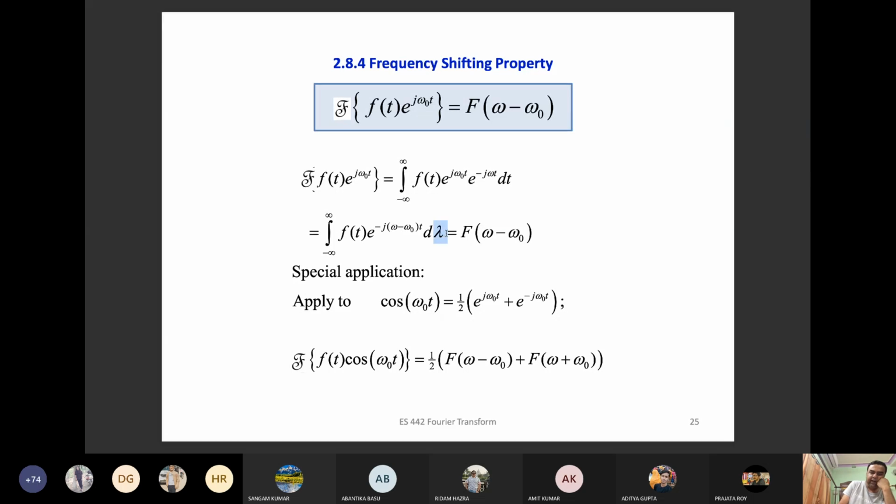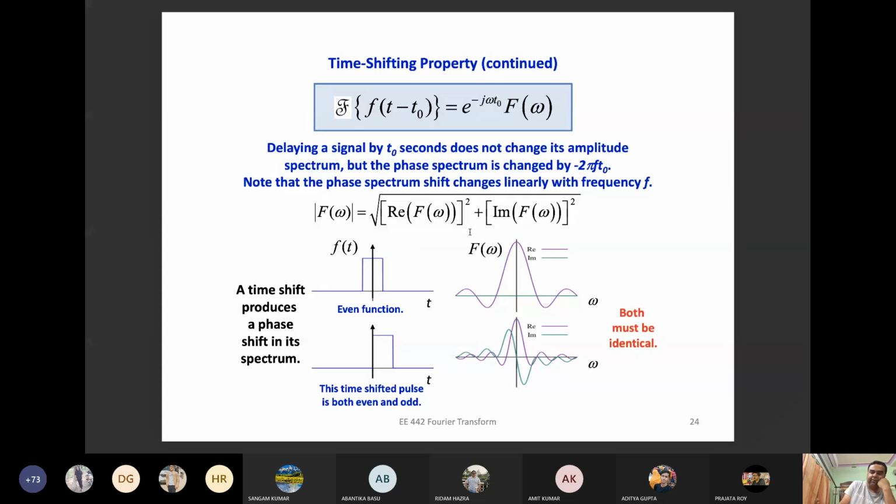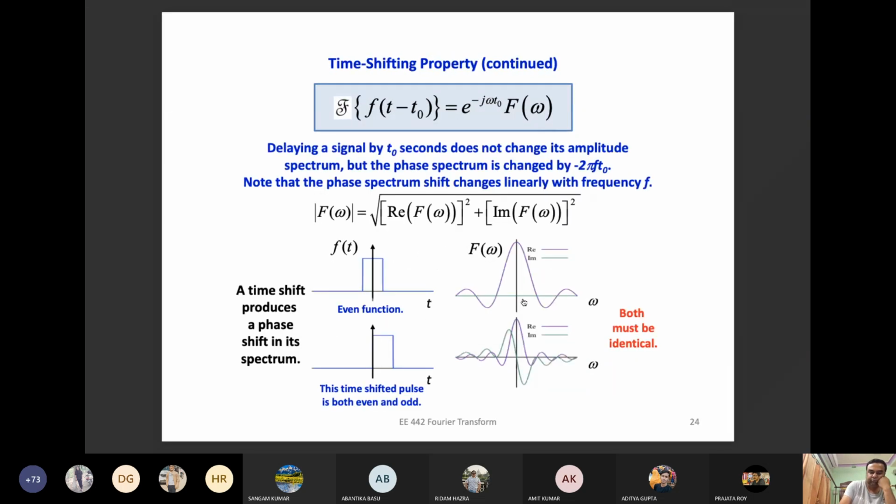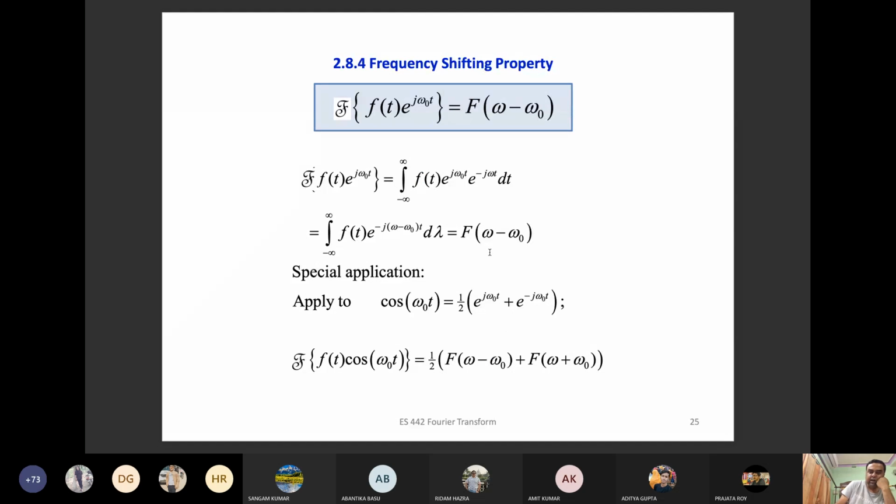This will not be lambda, this will be t. Now you can replace ω by ω − ω0, everything else remains fixed, and this is F(ω − ω0).